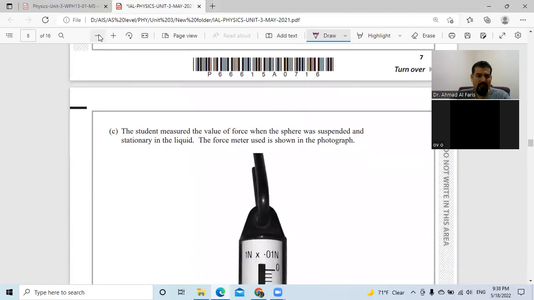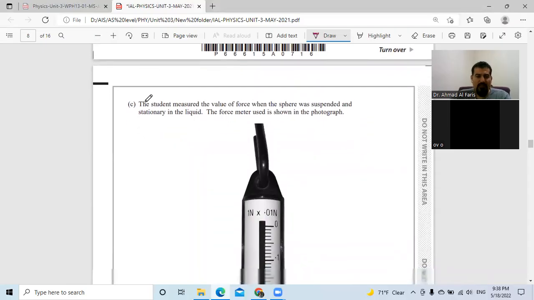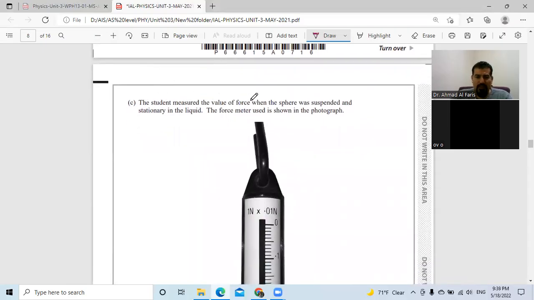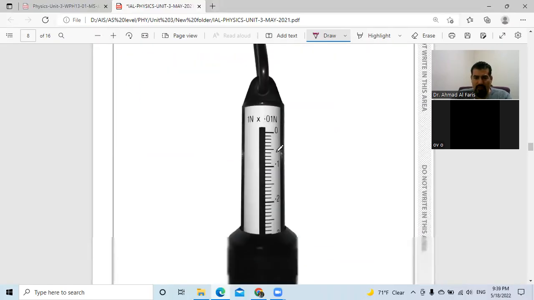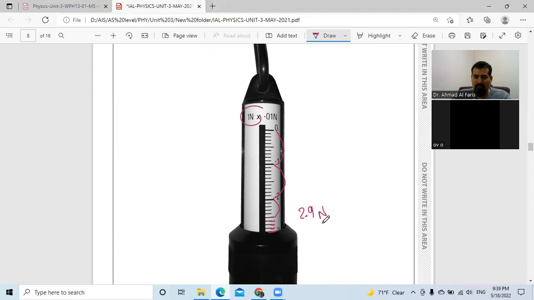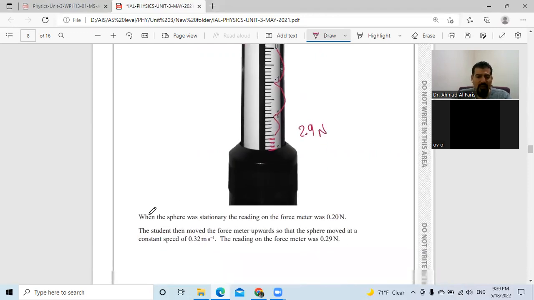Next part, C. The student measured the value of the force when the sphere was suspended and stationary in the liquid. The force meter used in the photograph is shown. What is the reading here? 2.9 Newton. The unit is Newton.